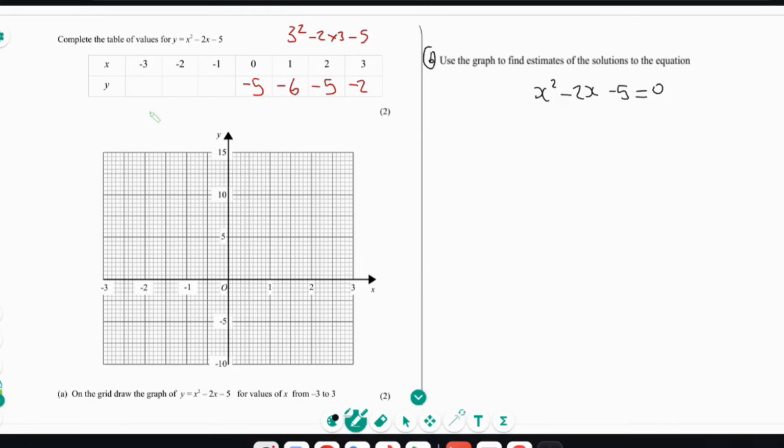Now again, careful here: bracket minus 1, bracket squared, minus 2 times negative 1, minus 5.